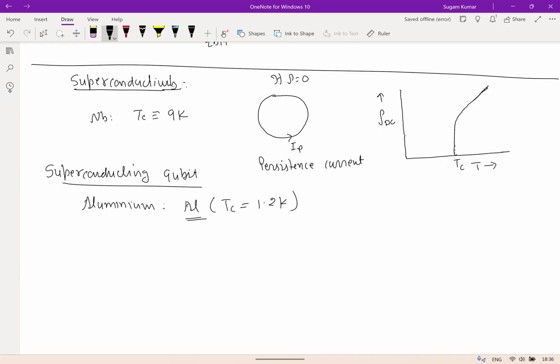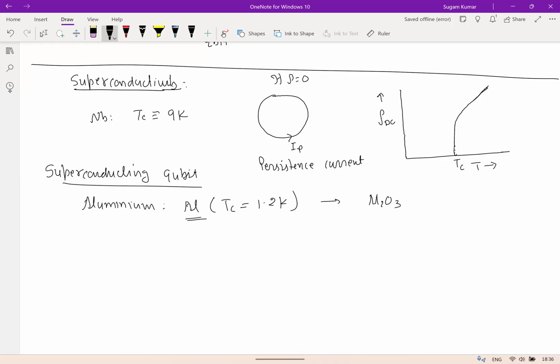Aluminium has a very good conductivity even at normal temperature, so there are low losses. A further very important aspect of aluminium is that when you expose it, it makes aluminium oxide.